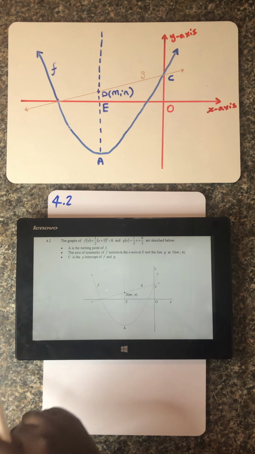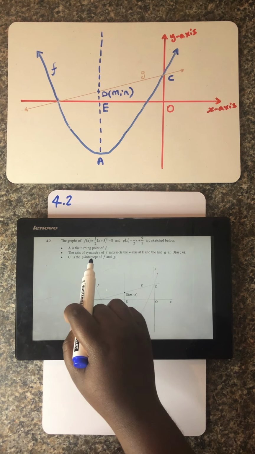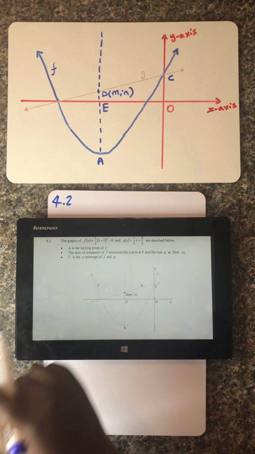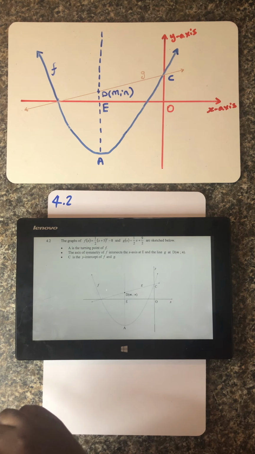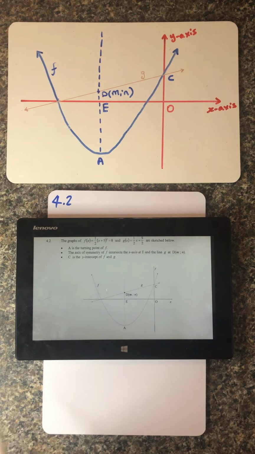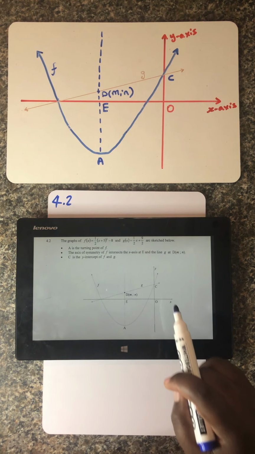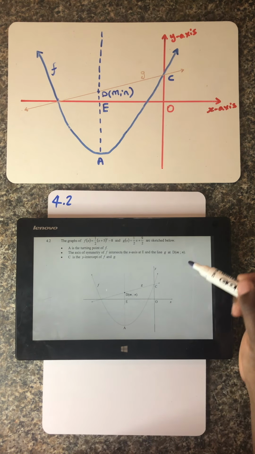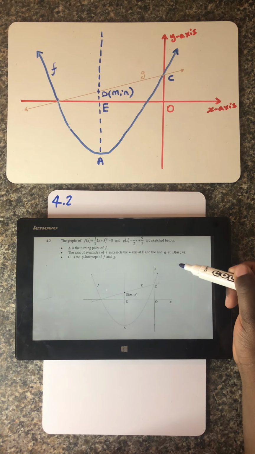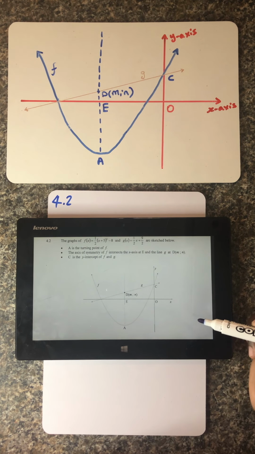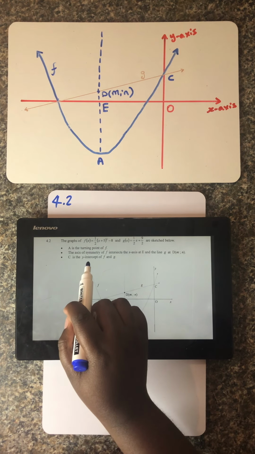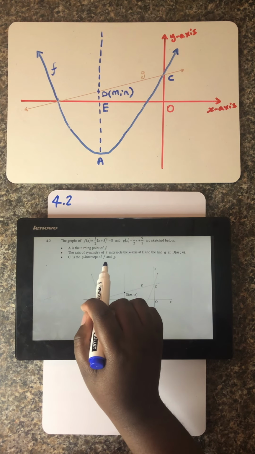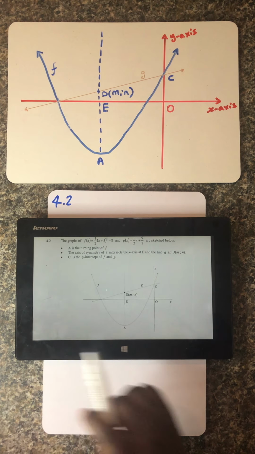The second bullet: the axis of symmetry of f intersects the x-axis at E and the line g at D, where the x value of D is referred to as M and the y value is referred to as N. And the last bullet says C is the y-intercept of f and g.